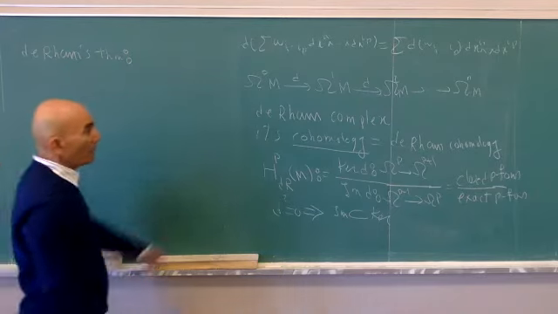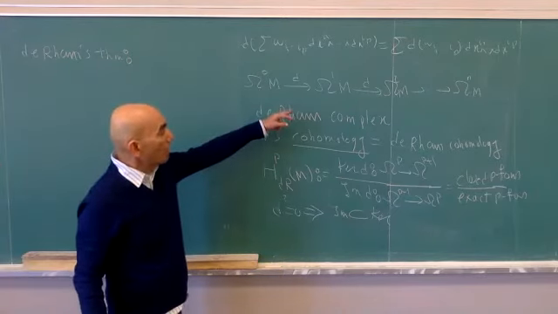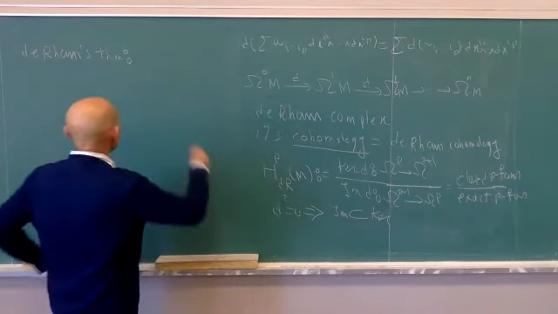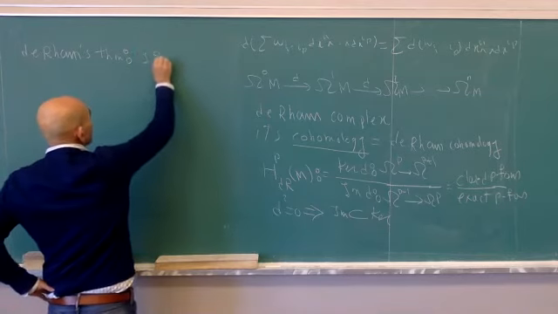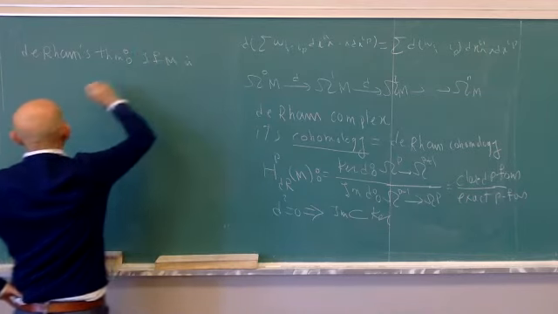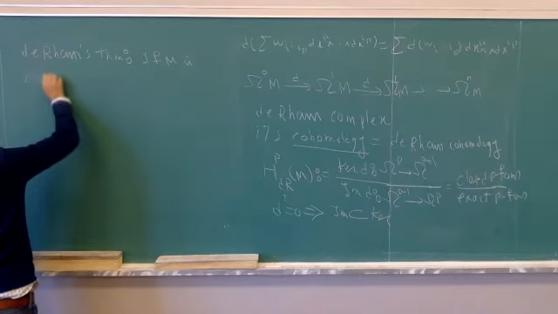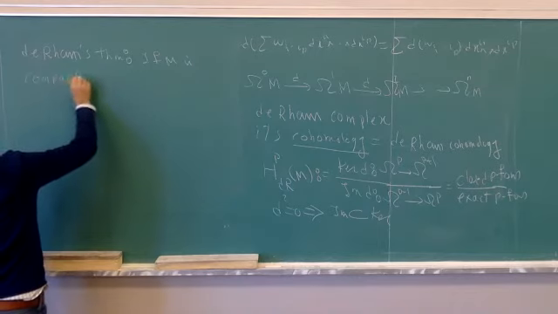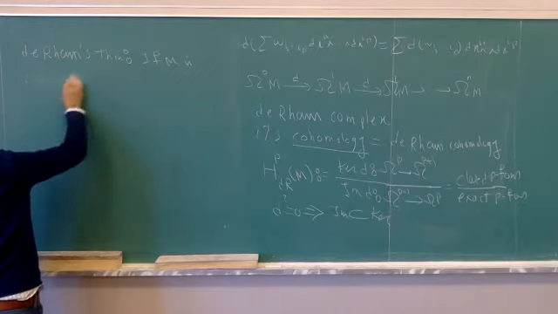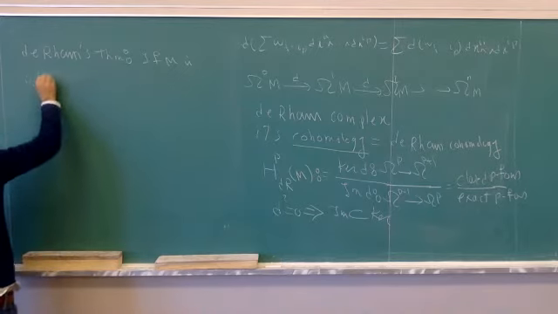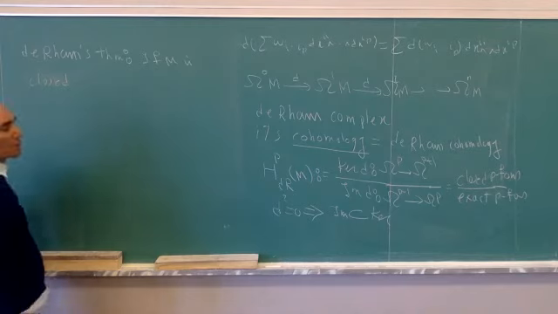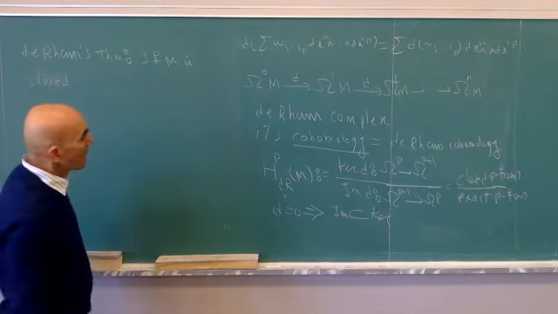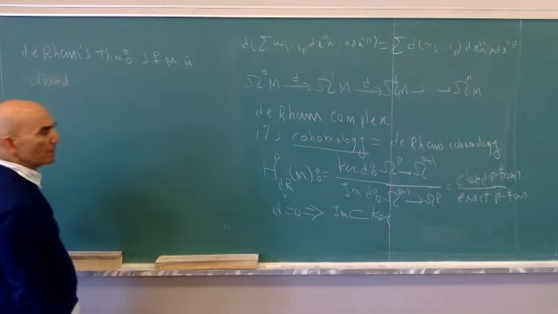If M, for example, is compact, closed, which means compact without boundary, and I may even need orientation.